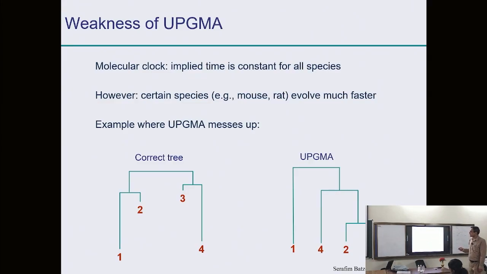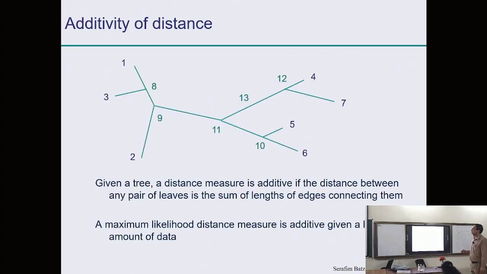So, people have started developing other methods that can account for long branch lengths, and long branch lengths indicate more mutations, more substitutions, so a rapid rate of evolution since diverging from their common ancestor. And here is one definition: additivity of distance.